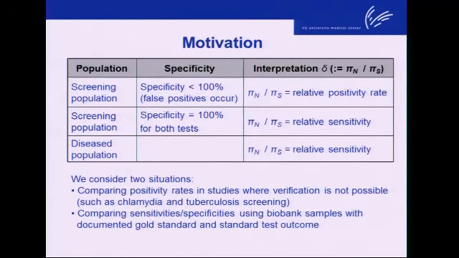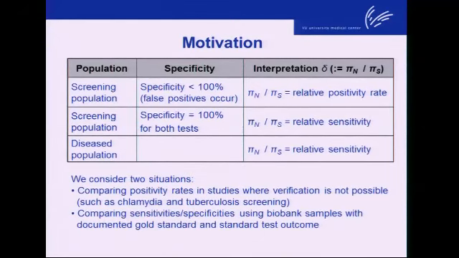In that case, the relative positivity rate is equal to the relative sensitivity, and that's also an advantage for defining non-inferiority in terms of the relative risk, because if you just looked at the difference between positivity rates, then it would still be the prevalence which would influence this difference.